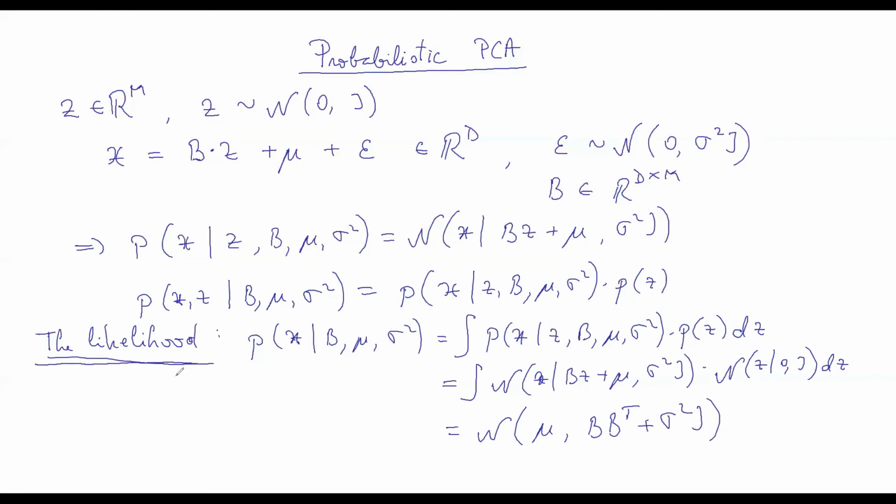So the likelihood of this probabilistic PCA comes down to a normal distribution around mu with covariance BB transposed plus sigma squared times I. This must look quite close to the deterministic version of PCA, where the reconstruction is obtained as the product B times B transposed times the original data point.